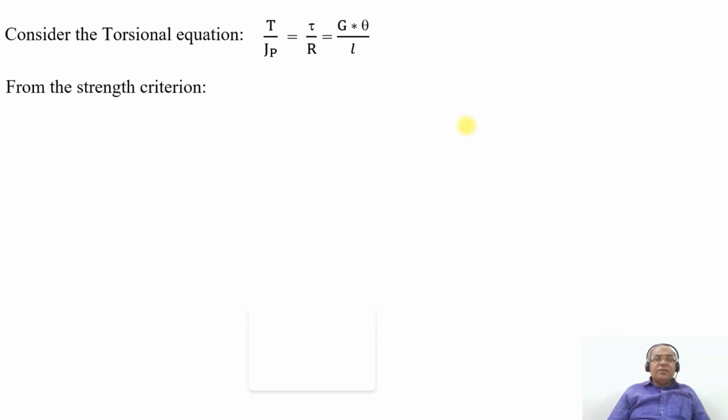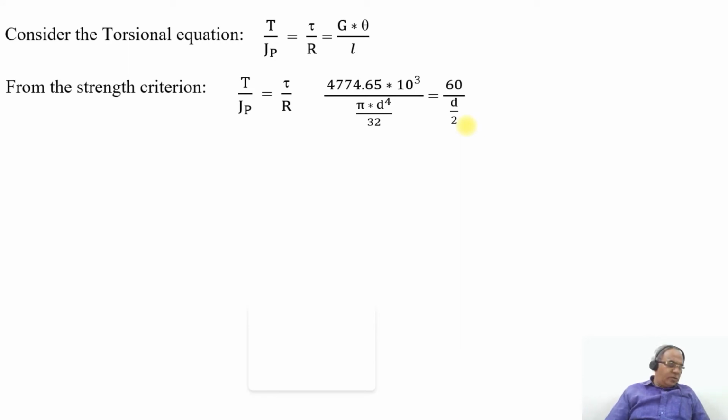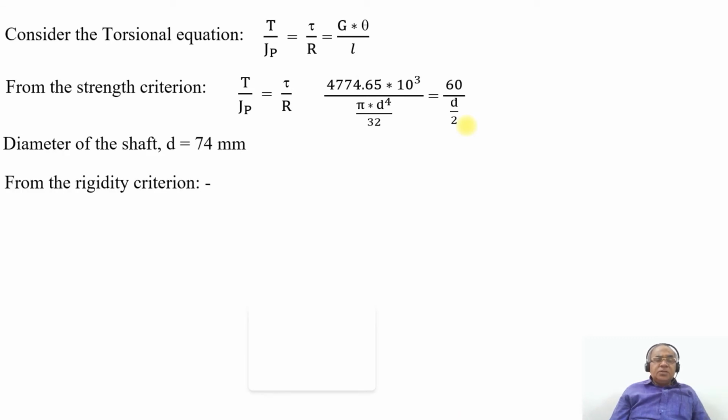From the strength criterion, we have T by Jp equals tau by R. Substitute the values: torque 4774.65 into 10 to the power of 3 divided by Jp, the polar moment of inertia, which is pi d to the power of 4 by 32, equal to 60 divided by d by 2. Now the diameter of the shaft from the strength criterion, on simplification, you will get as 74 mm.